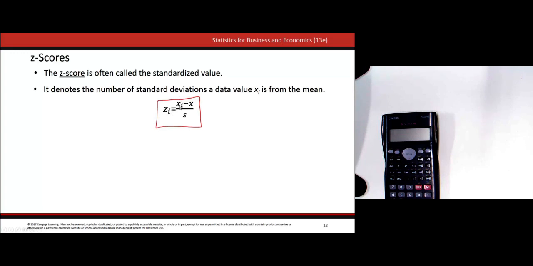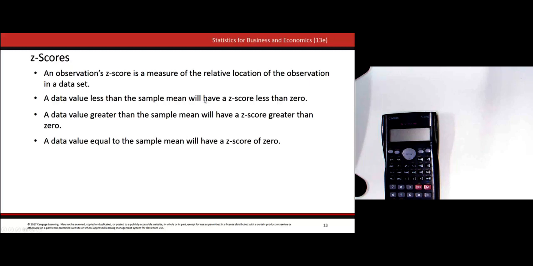If the z-score is negative, then that value is less than the sample mean. If the z-score is positive, then that data value is larger than the sample mean. It gives the number of standard deviations that value is away from the mean.